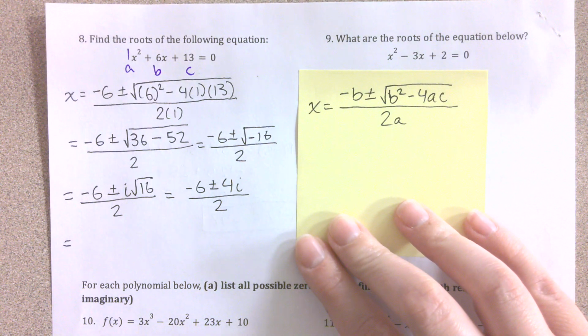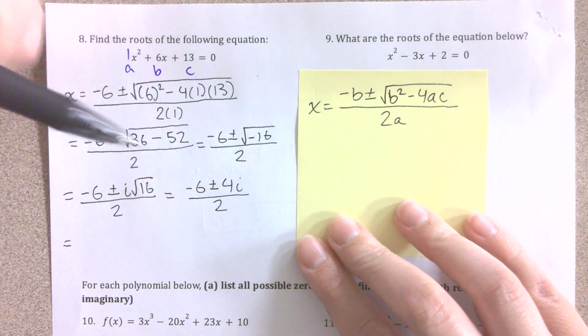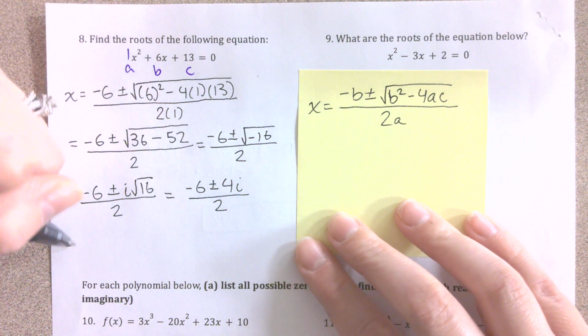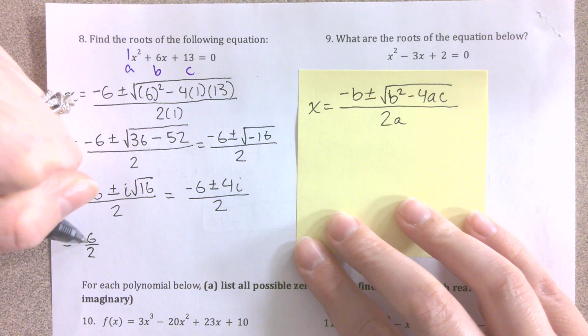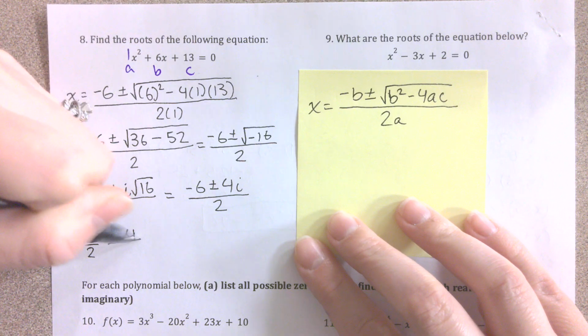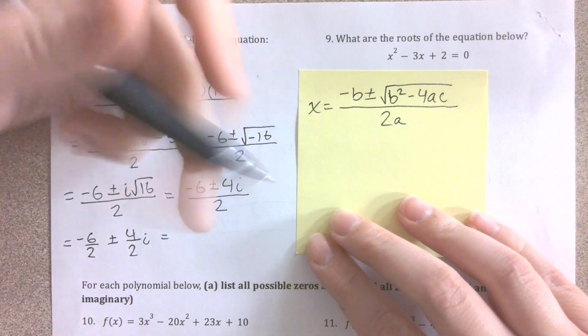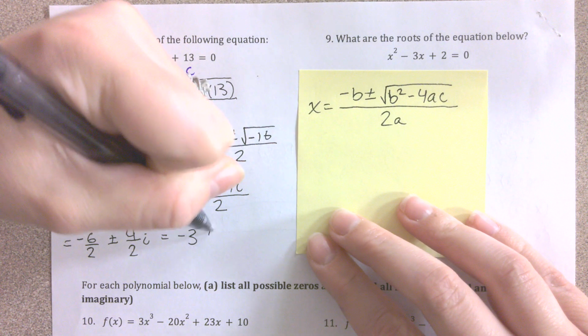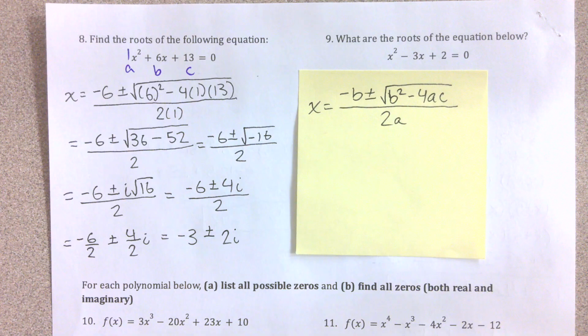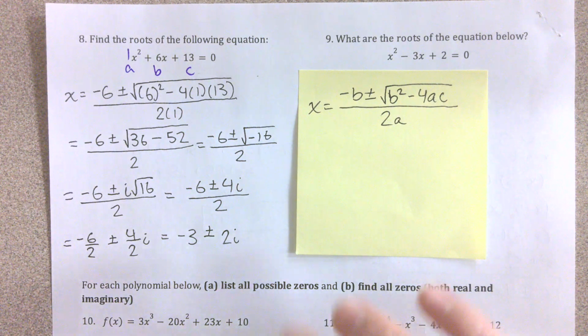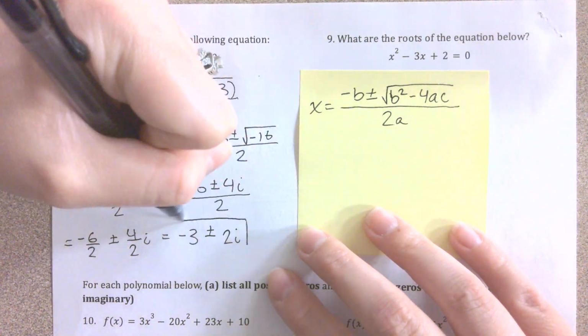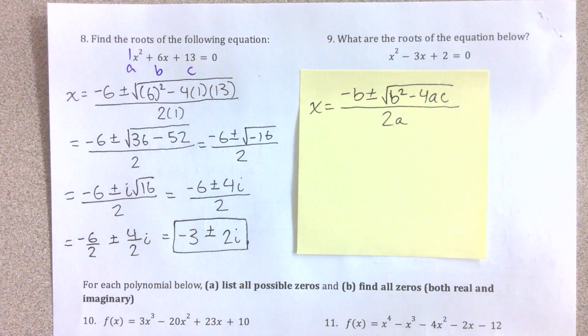Now remember, this needs to be in a plus bi form, so we need to separate these two. We have negative 6 over 2 plus or minus 4 over 2i. Lastly, we have negative 3 plus or minus 2i. These are the roots of the equation.